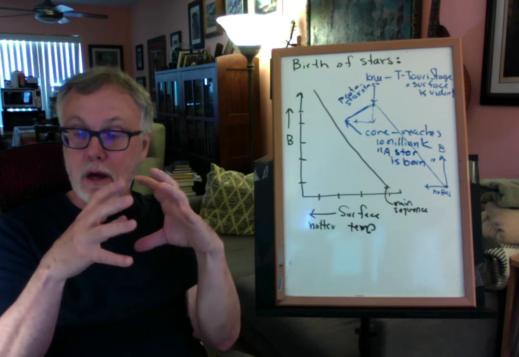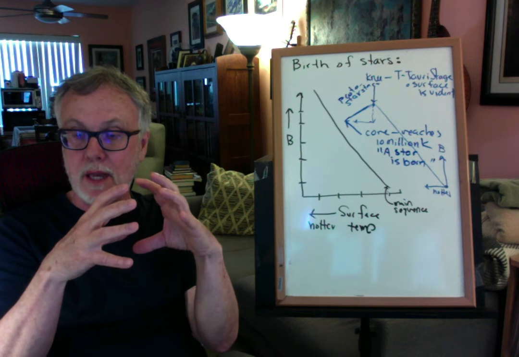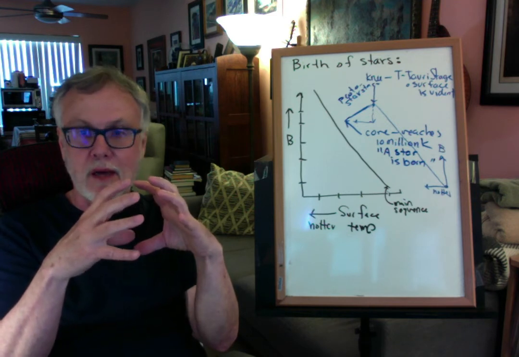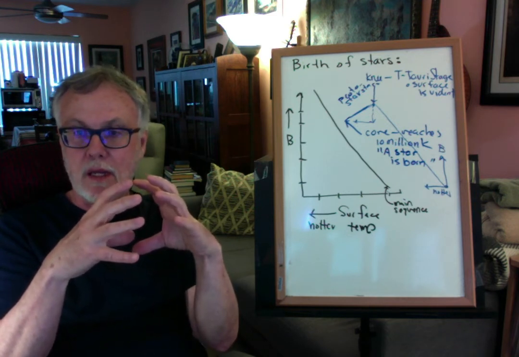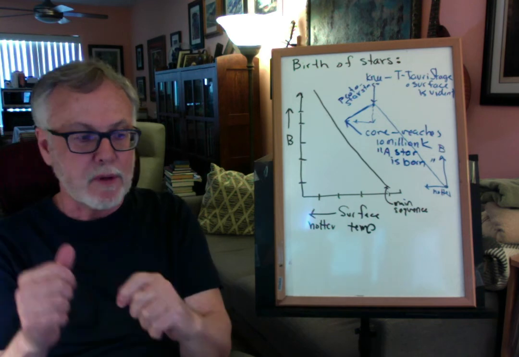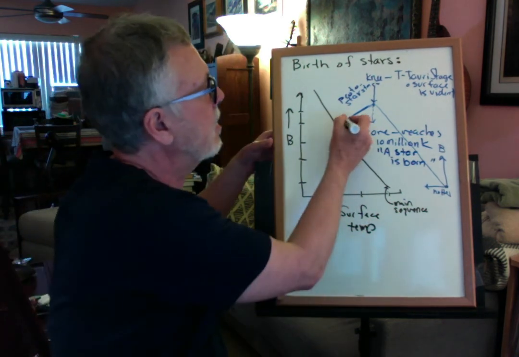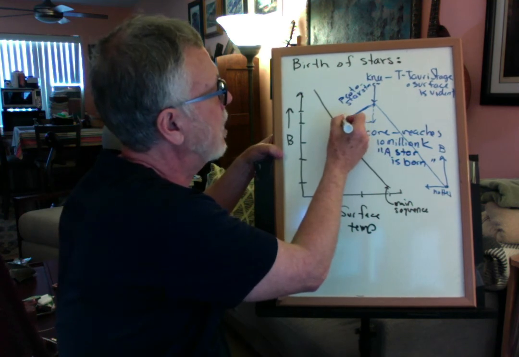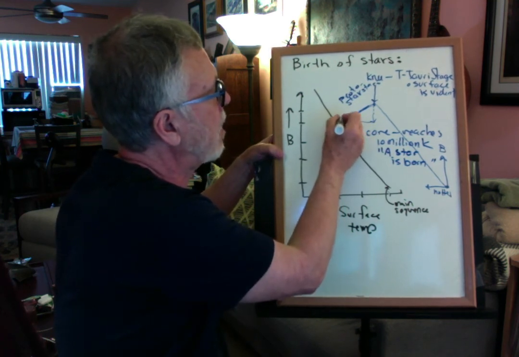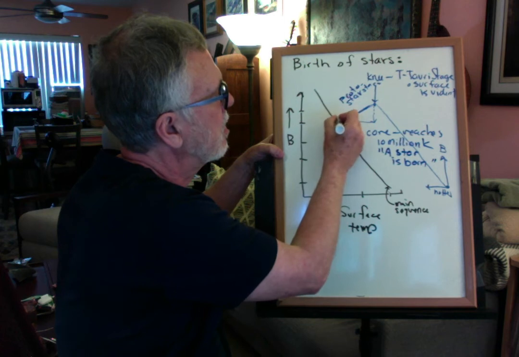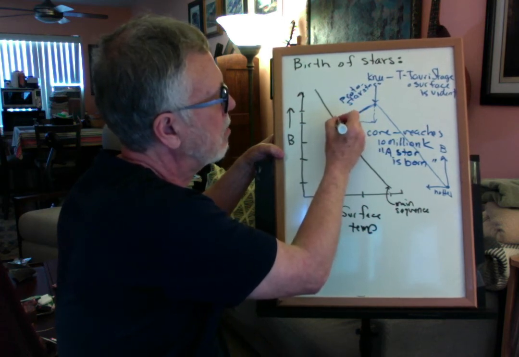And for a star like ours, the core stabilizes at roughly 15 million Kelvin, and then it becomes relatively stable. So this thing kind of hops around and then hops on to the main sequence. Right there.